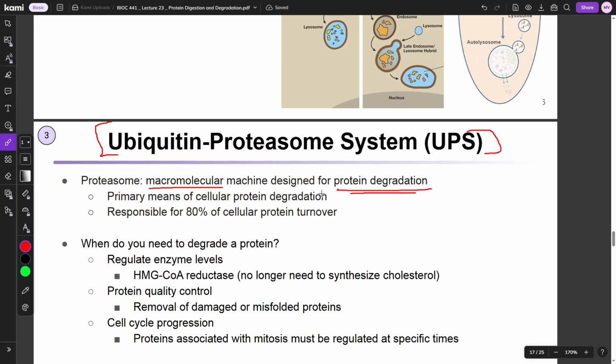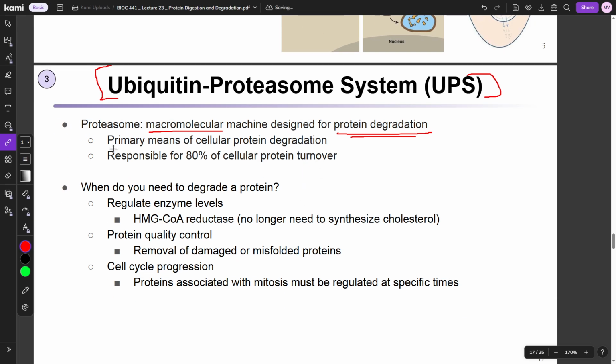And it's different from the lysosome because the lysosome is like a membrane-bound organelle, but a UPS is just a protein with some extra complex things involved. So this is the main means of cellular protein degradation, and it's responsible for 80% of our protein degradation. So it's most of it.